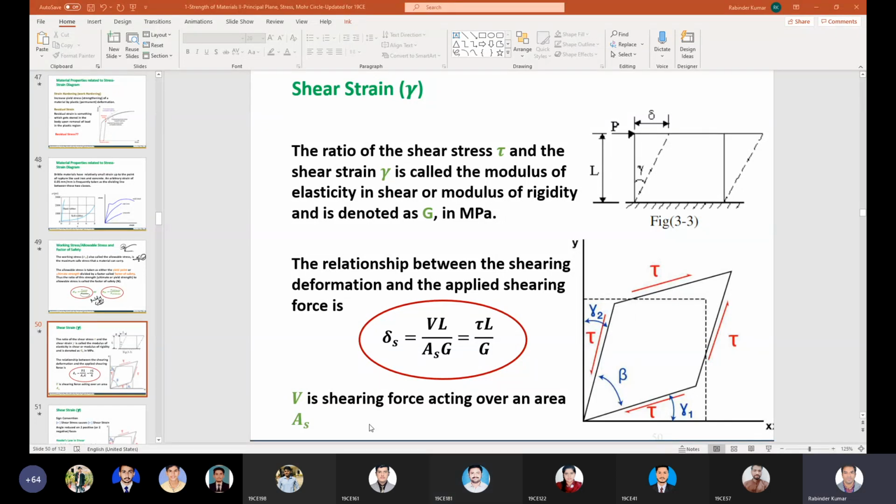I am continuously asking a few questions, but nobody is responding. Just tell me the difference between linear strain and shear strain.